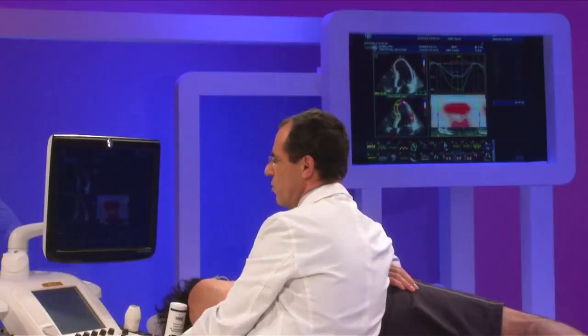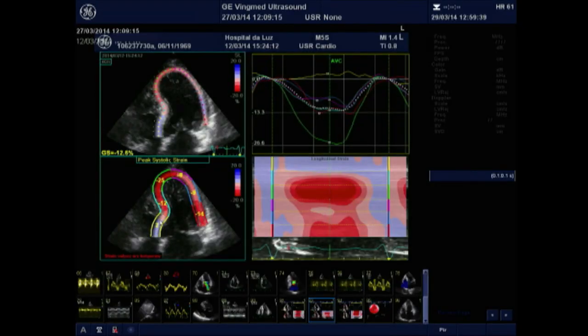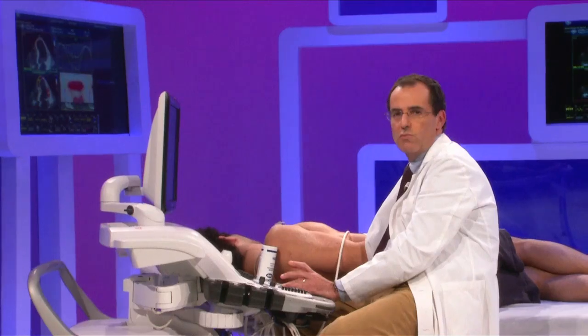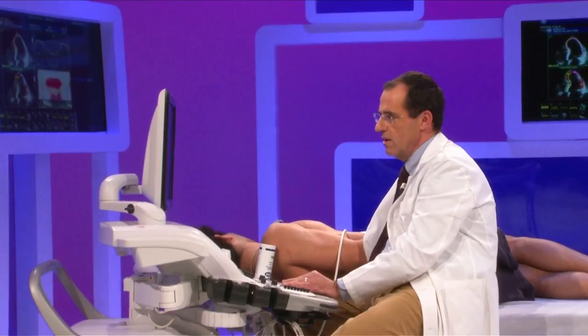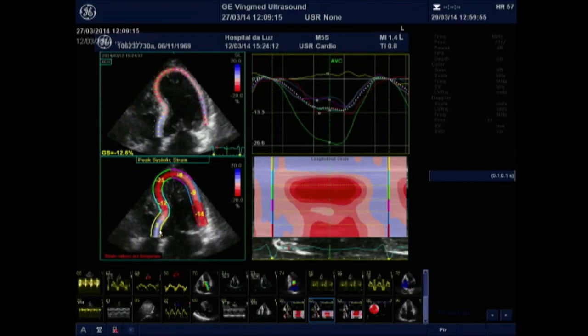Let me remember that this patient underwent an ASA, an alcohol septal ablation, and perhaps it was in this place where there is almost no myocardial deformation. It's -2, which means that there is a scar there corresponding to the place where the alcohol septal ablation was performed.